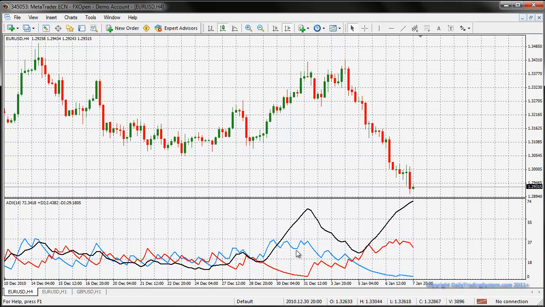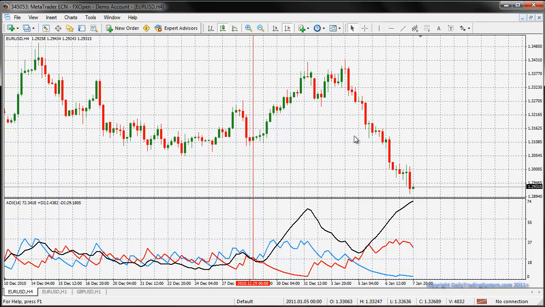Okay, now the next thing we need to look at is when these blue and red lines cross over. You can see here where the blue line crosses over this red line, and what happens, the market went sideways for a little bit and then it decided to go up.